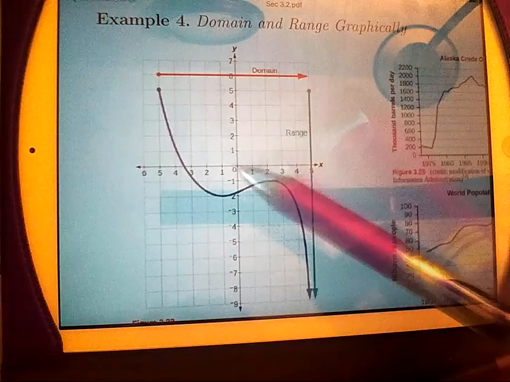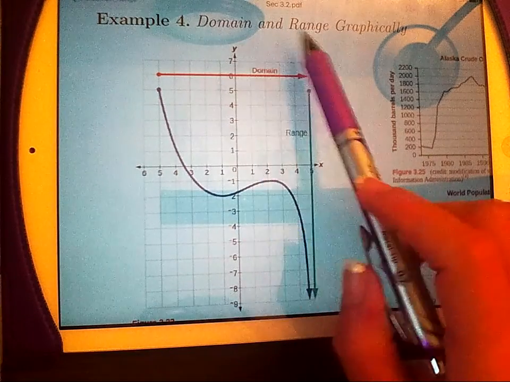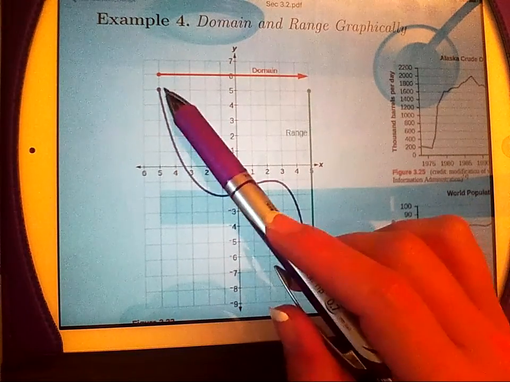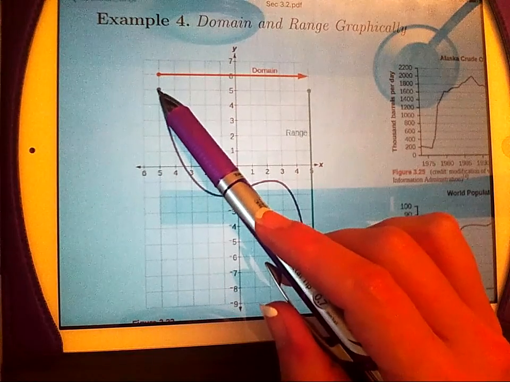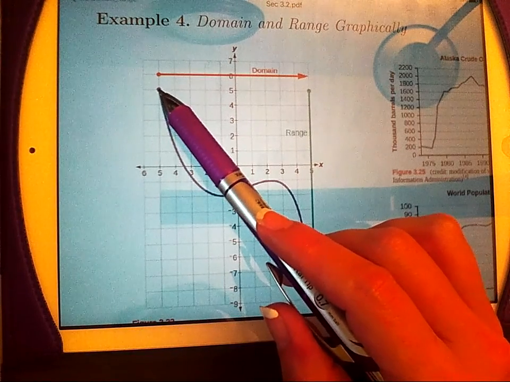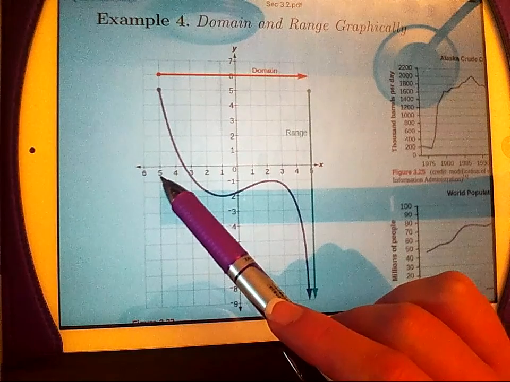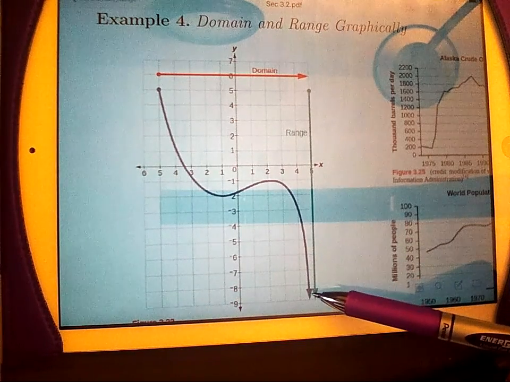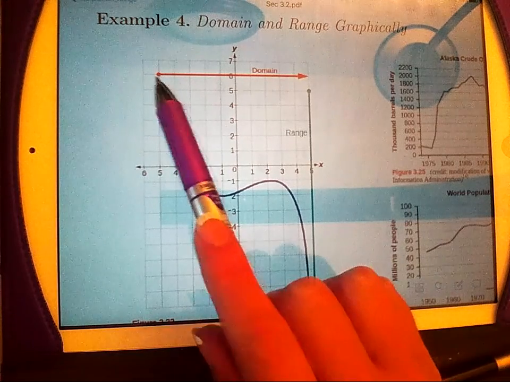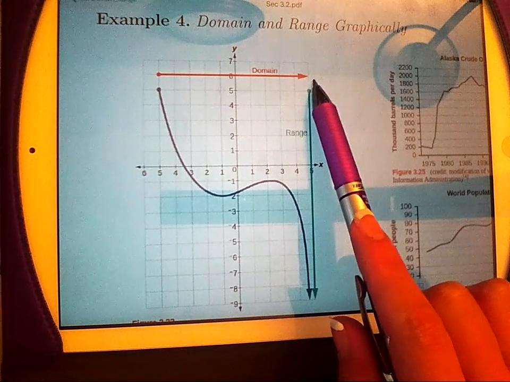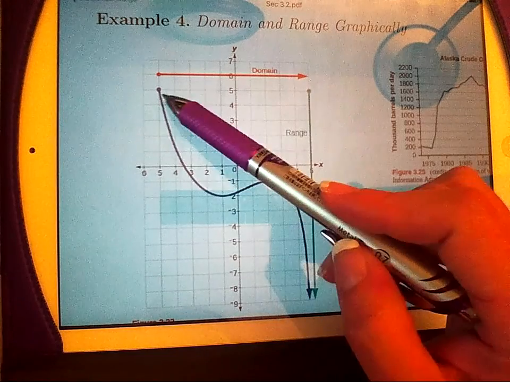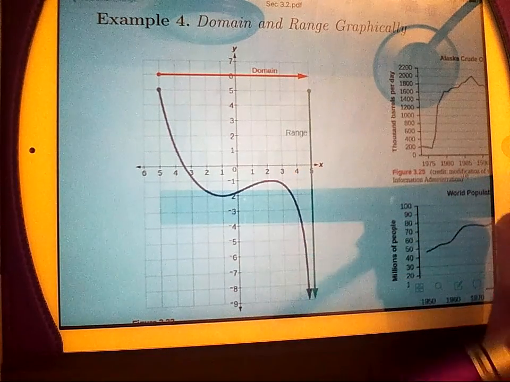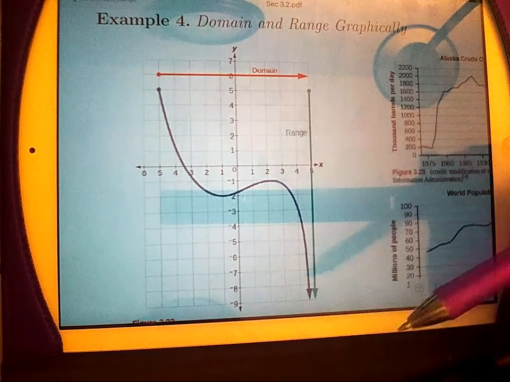To answer the question of domain and range graphically, notice there's a closed circle here, not an arrow. So what that's telling us is that our domain starts at -5, and there is an arrow here indicating it'll go on forever. So our domain goes from -5 to infinity. It includes -5 because of the closed circle.